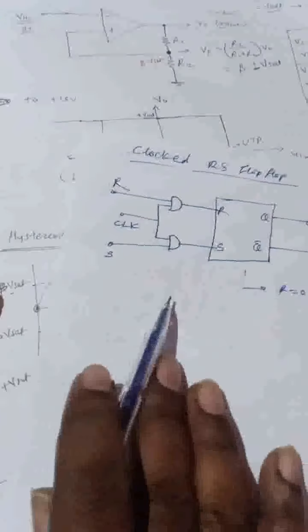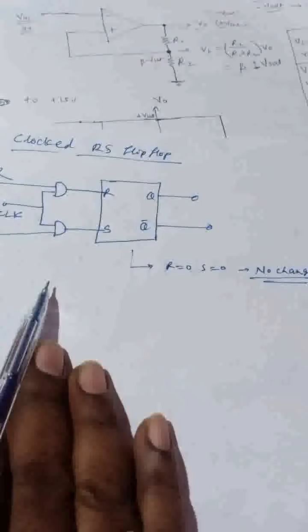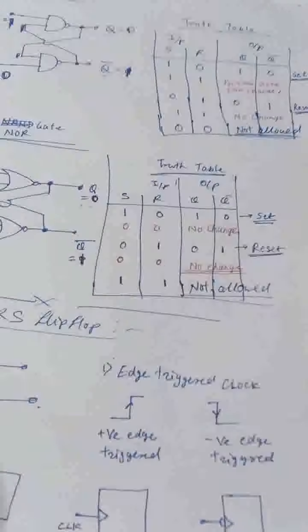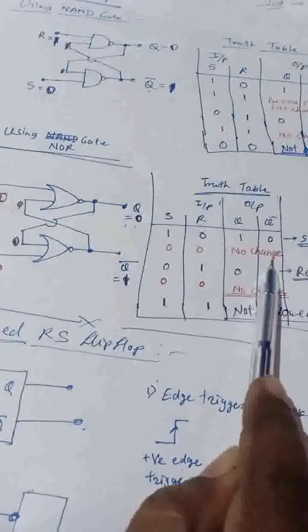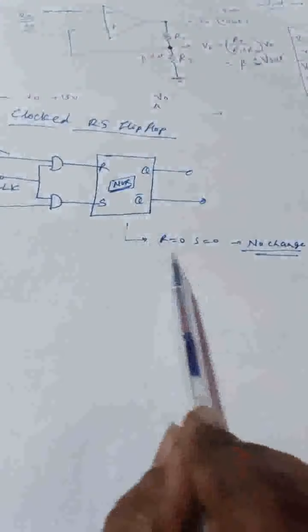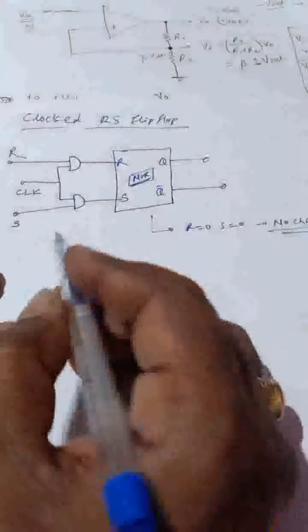Which flip-flop has the 0 0 no change condition? This NOR gate flip-flop has the 0 0 no change condition. So we use the NOR RS flip-flop, with R and S equal to 0 being no change. Let us see the truth table.